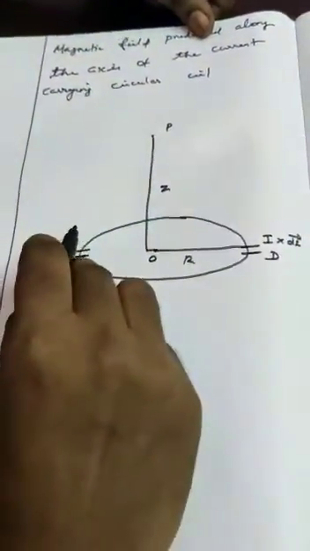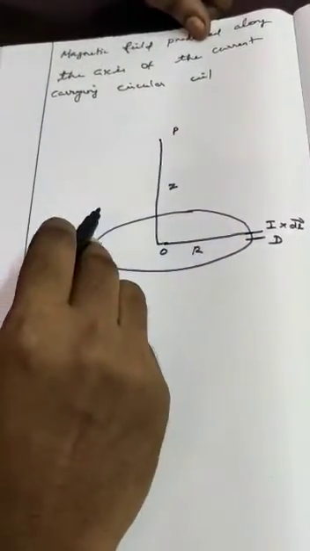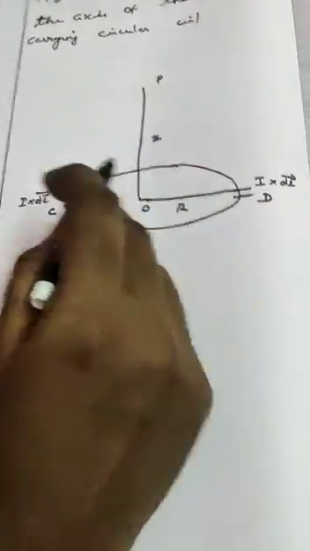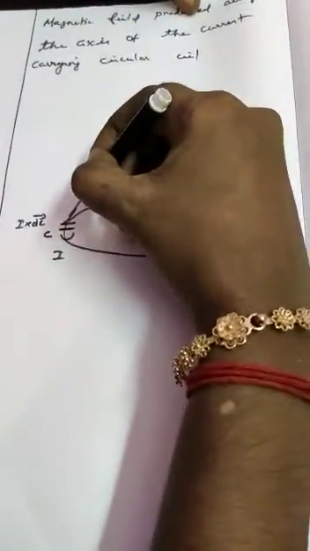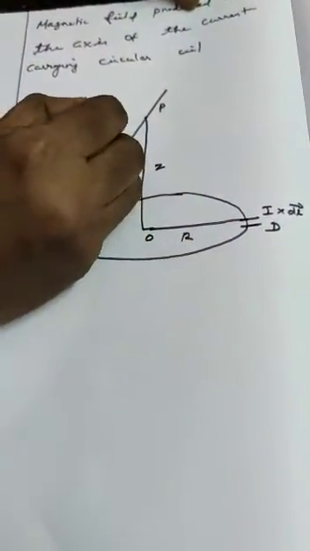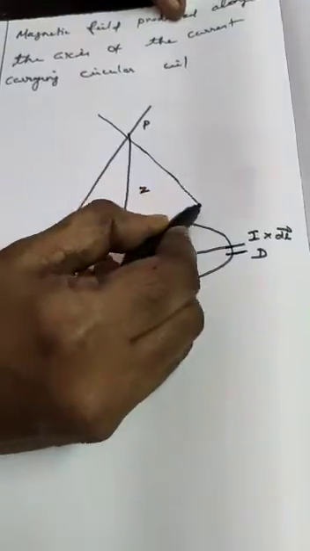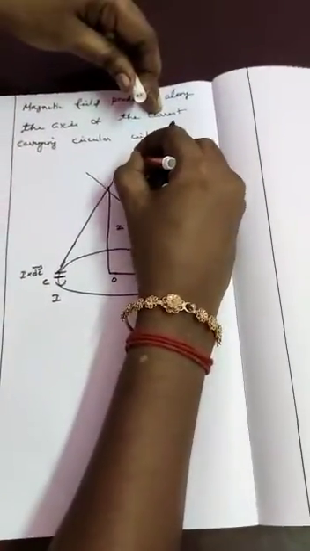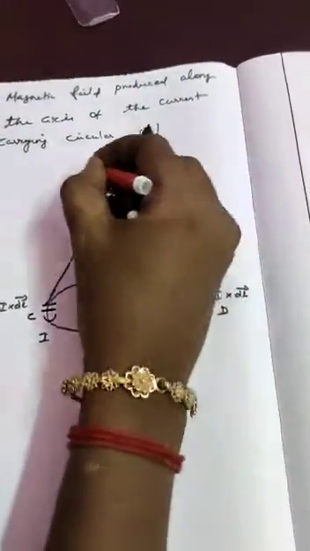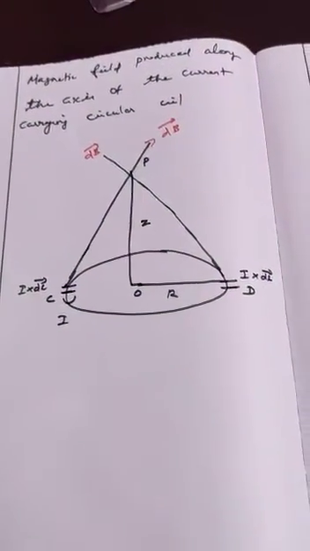These two current elements are going to produce the magnetic field at point P. These are two small lengths, that's why they are going to give a small magnetic field at point P. So they can be named as dB vector, because it is the small magnetic field.